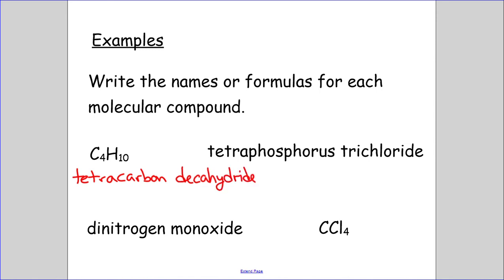Change that ending to IDE. In my next one, I've got tetraphosphorus trichloride. Tetra just stands for 4, so I have 4 phosphorus, and for chloride I have 3, given that I have tri there.